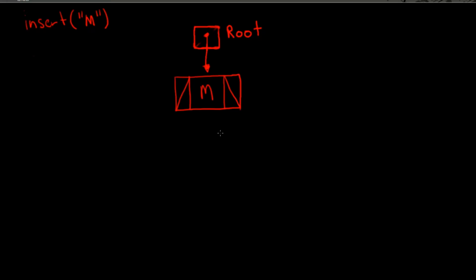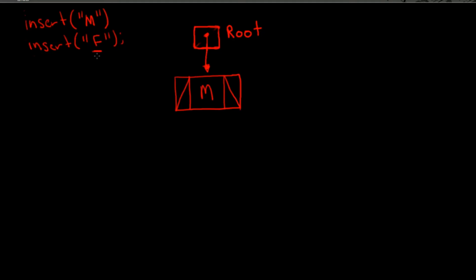Okay, so the next condition is what if we already have a node in our tree? So let's say I want to insert the letter F. Okay, so then what's going to happen here? First, it's going to check if it's empty. It's not empty, so it's not going to do that. Next, it's going to check if the value here is the same as this one. It's not. So then now we need to decide where it's going to go.